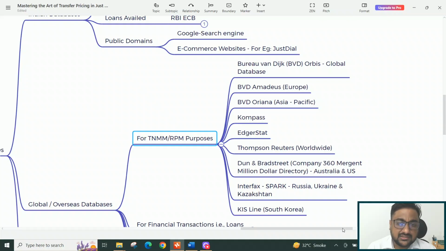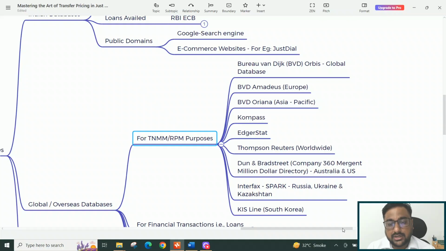Then there is Compustat, EDGAR Online, Thomson Reuters, which is available worldwide. Worldwide doesn't mean that it covers each and every country, but you can find companies from Australia, UK, US or European countries, which can be compared to your tested party's operation, which is based in any overseas jurisdiction other than India.